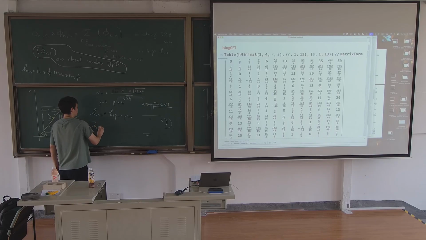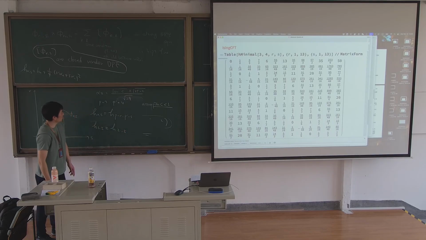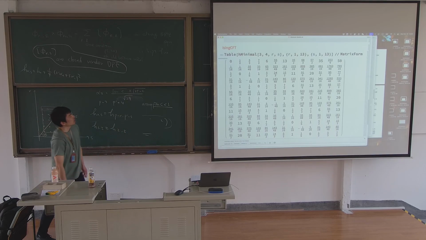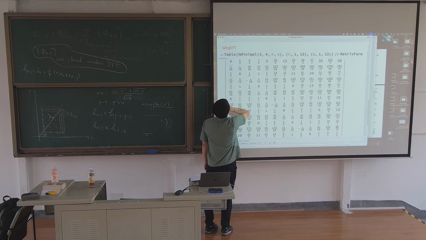So H_{1,2} is equal to H, what was that? p is equal to 3, so 2, and then 2, 2, 2. H is equal to 2. Okay, so H_{1,2} is equal to H_{2,2}.